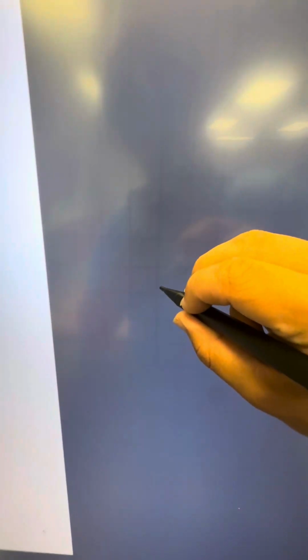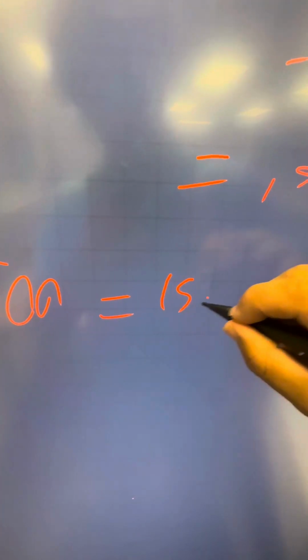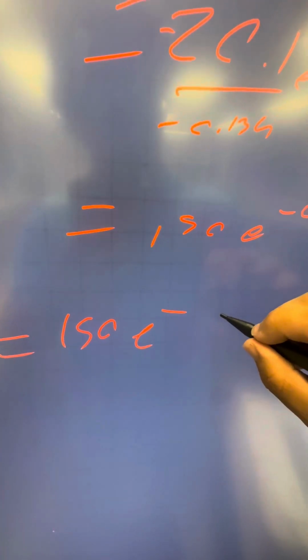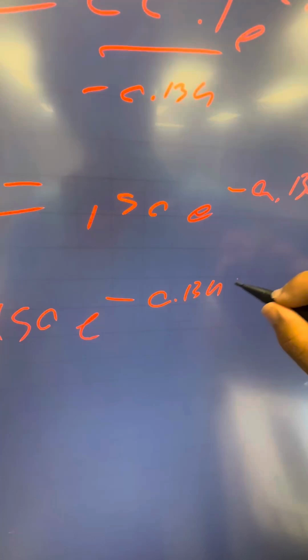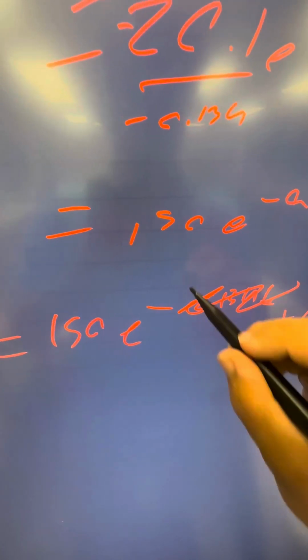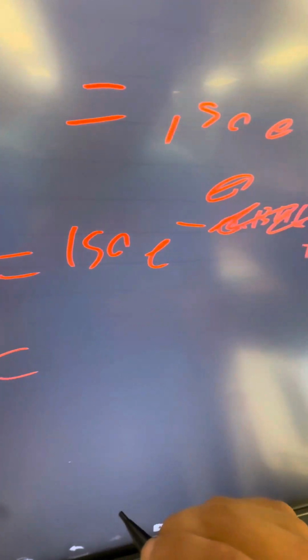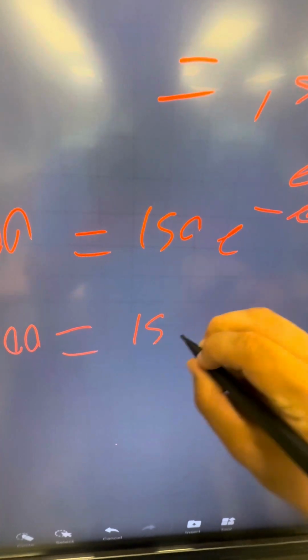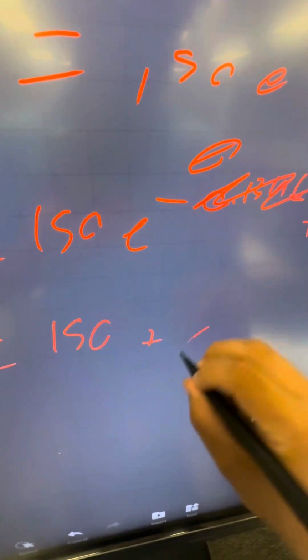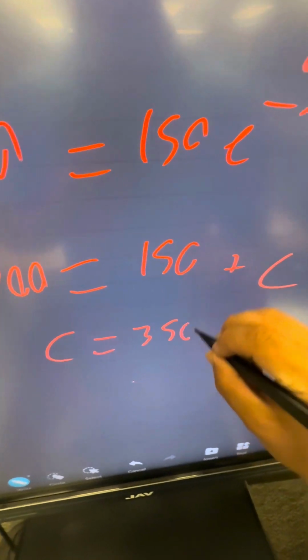Now use the starting population to find c, and that is 500 equals 150 e to the negative 0.134 t plus c. But X that out, I keep on forgetting, this just means 0. And so now it's 500 equals 150 e to the 0 plus c, and then c equals 350.